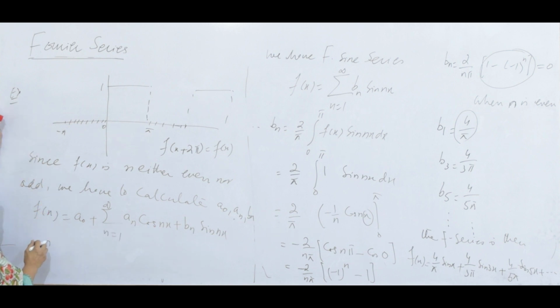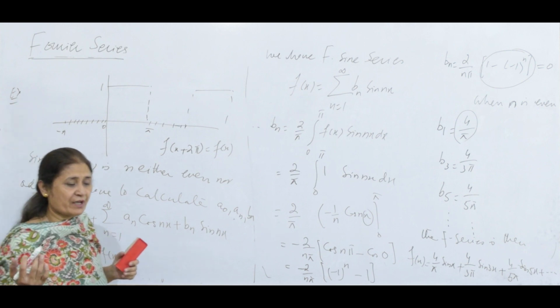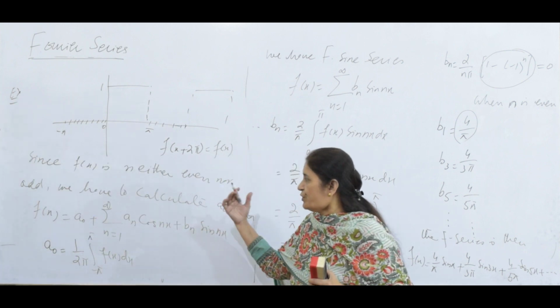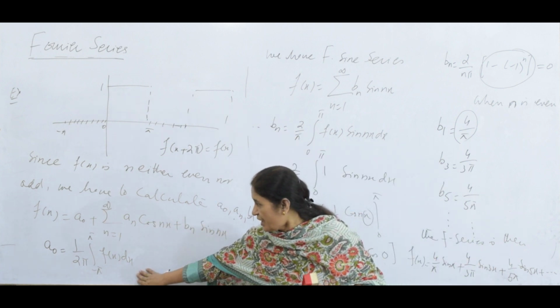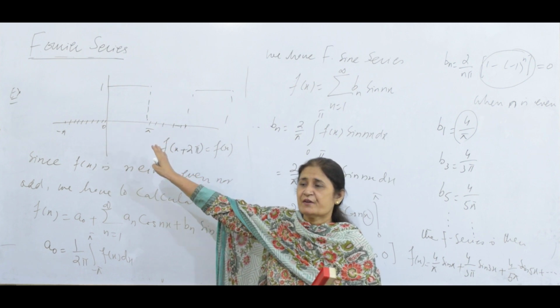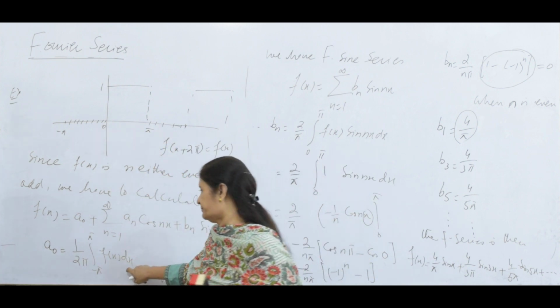Now let me discuss one thing. A naught is 1 over 2 pi integral minus pi to pi f x dx. This was the formula we have written originally when we were calculating the Fourier coefficient. A naught is this formula. Since the function is neither even nor odd, you have to write down this as it is.